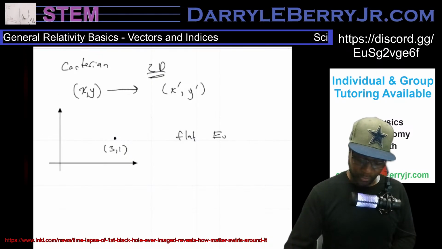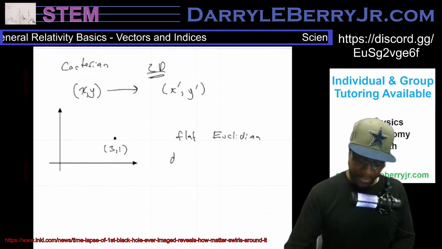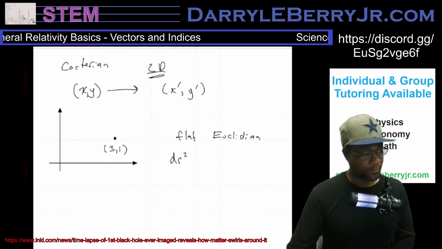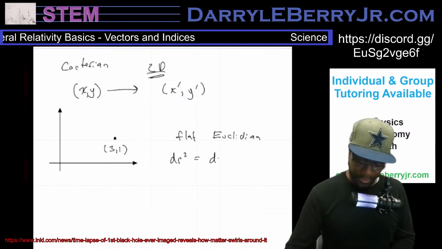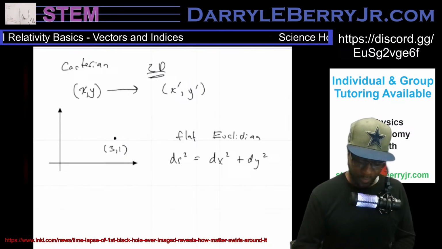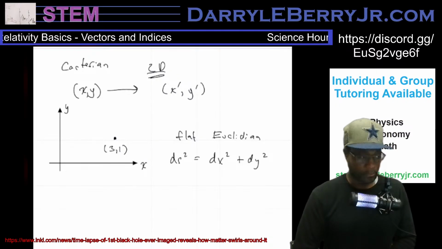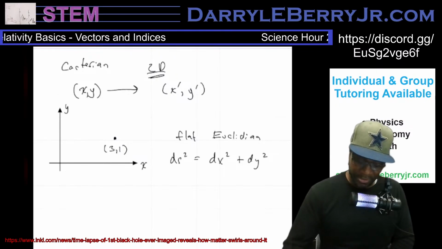So this is flat Euclidean space. Now, one thing to keep in mind when you're dealing with flat Euclidean space is that ds squared is dx squared plus dy squared. We're leaving off the dz squared because we're just dealing with 2 dimensions. And one thing to keep in mind is that this is geometry.